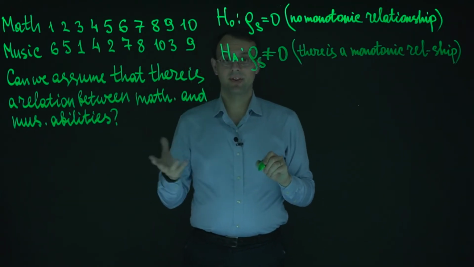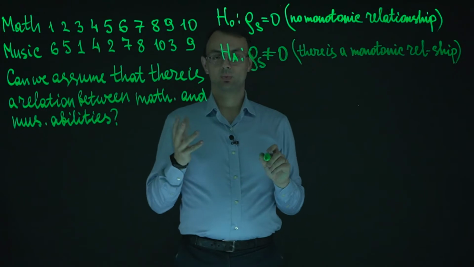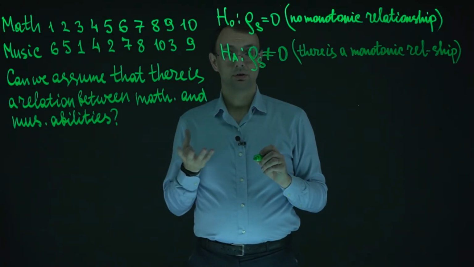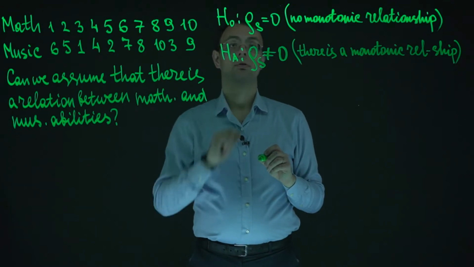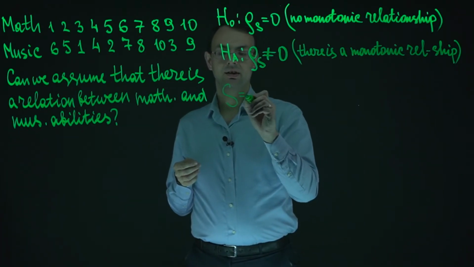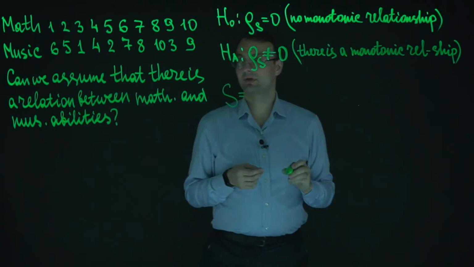So then we need to find the sample coefficient and the test statistics. So the first step is to find S, the sum of squared differences.